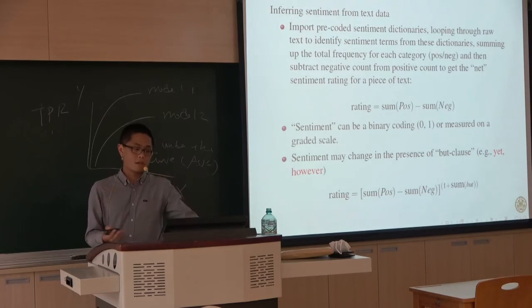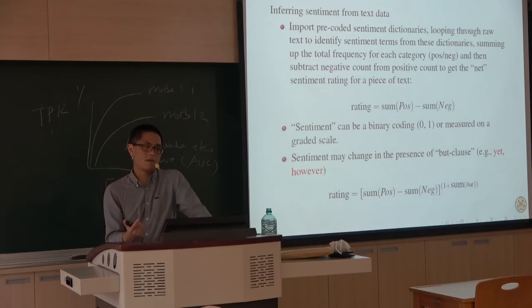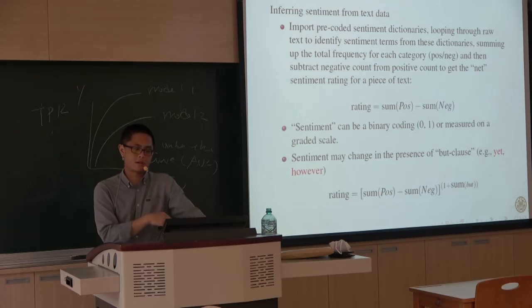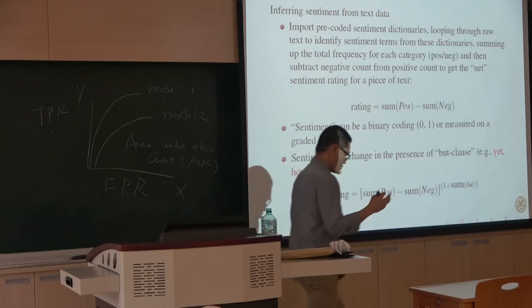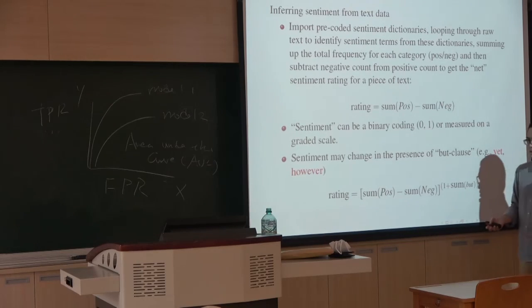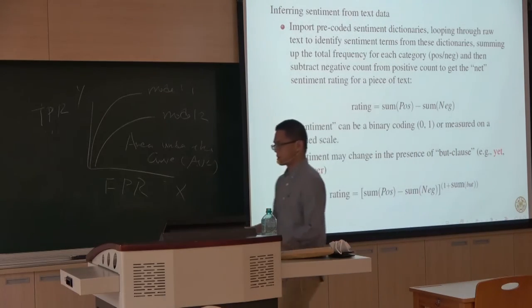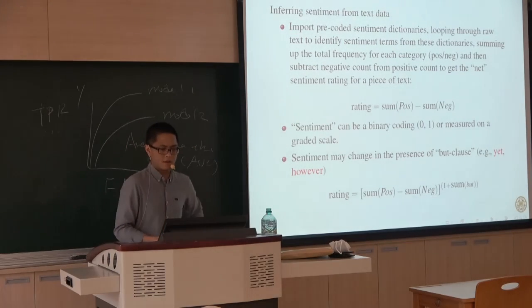It can be measured as binary coded: so long as the positive rating is larger than the negative rating, the document will be labeled as positive, otherwise it will be labeled as negative. Or it can be measured on a graded scale. For example, if you have much more positive sentiment words than negative sentiment words, you can say this piece of text is more positive than the other piece of text.